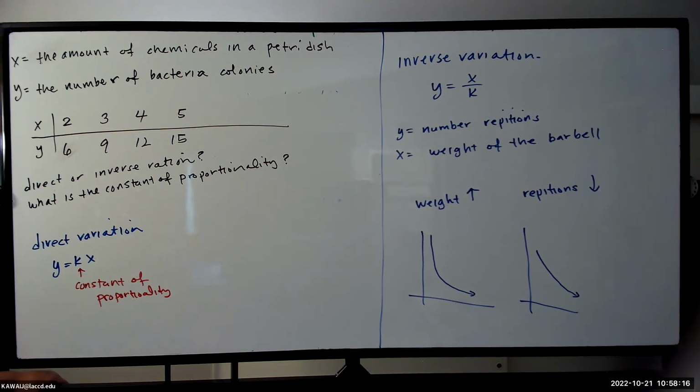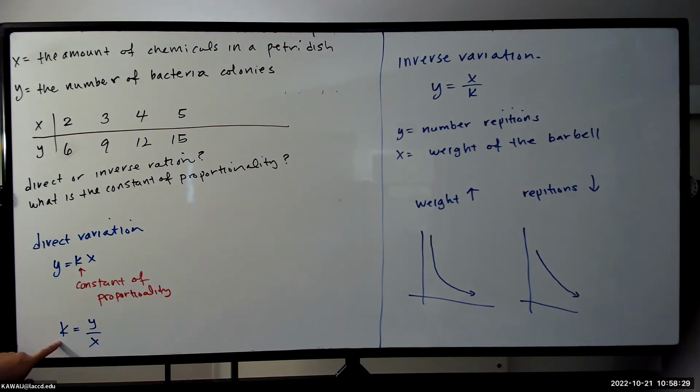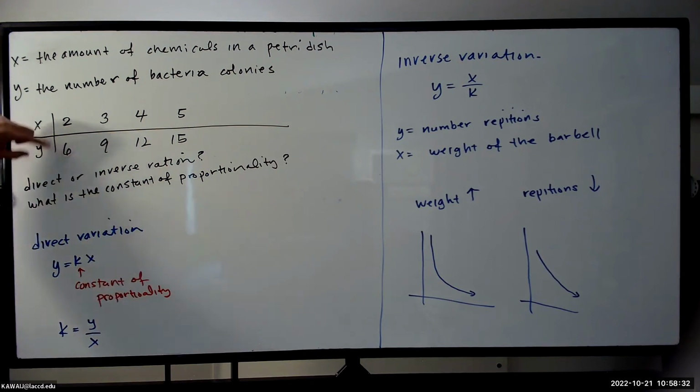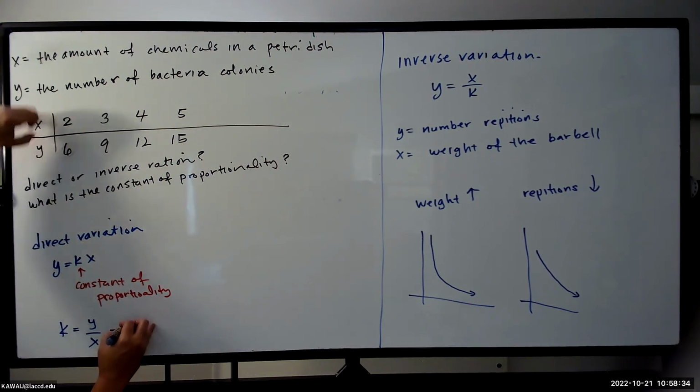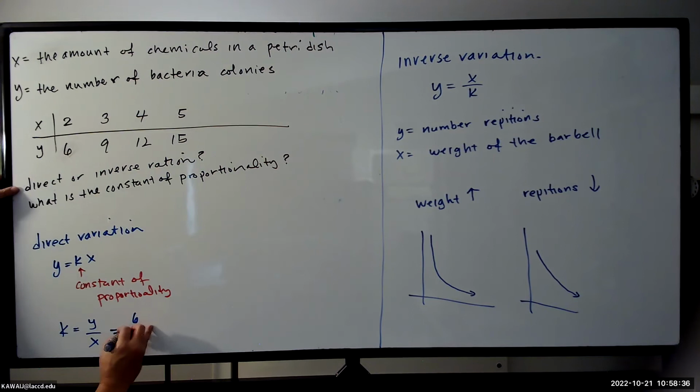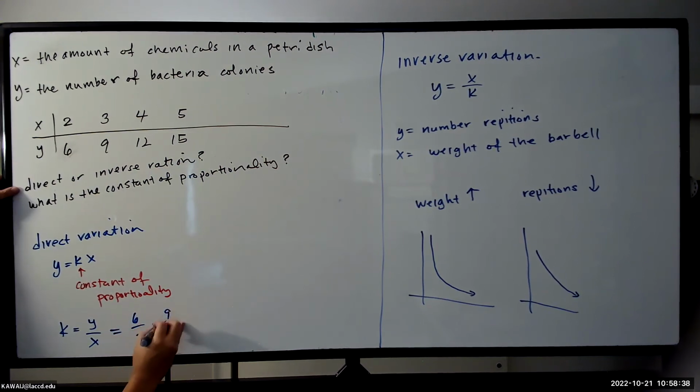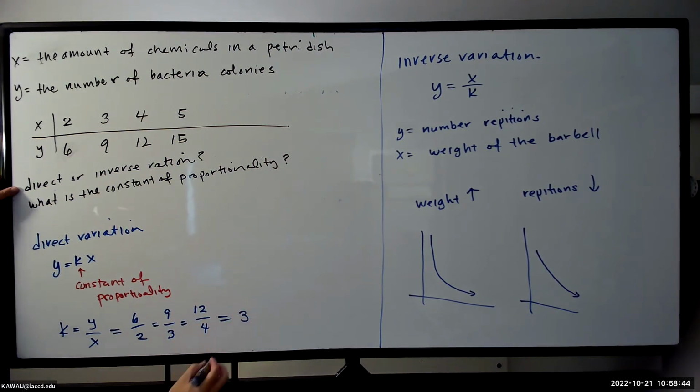So k should be equal to y divided by x. We can divide both sides by x and isolate that k. So I can go through this entire thing. It doesn't matter which pair I take. All of these are going to be equal to 3. That's my constant of proportionality.